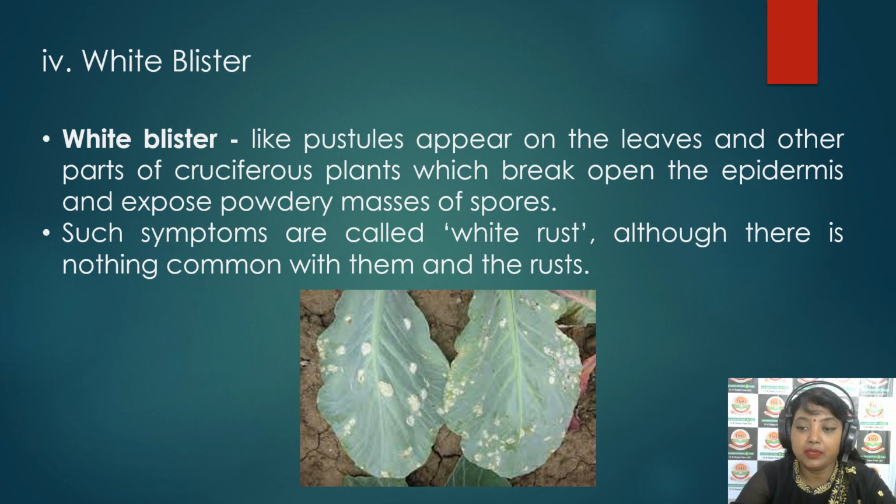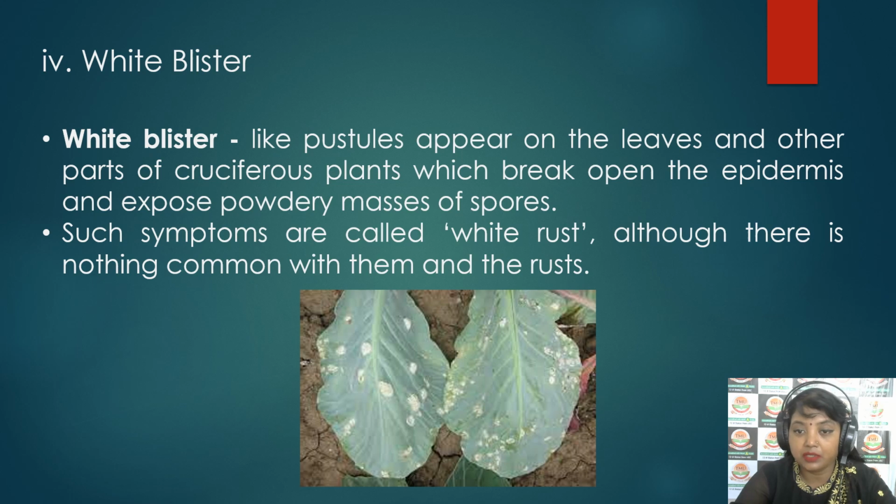Now white blister. White blister is like pustules which appear on the leaves and other parts of cruciferous plants, which break open the epidermis and expose the powdery mass of spores. That is called white blister.